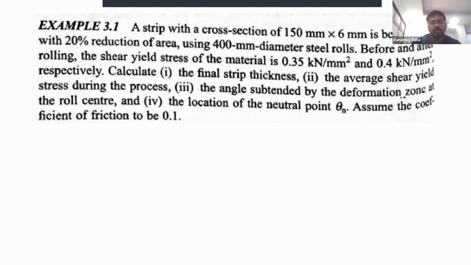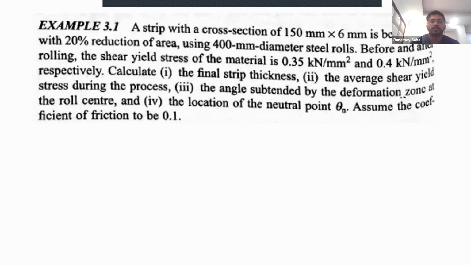Now, once you have theta, you can find out your lambda, and then you can put it in the equation of your neutral zone pressure. From that, you can find out the location of the neutral point theta n corresponding to lambda n. Okay, once you have found that out, I think probably this question completes.